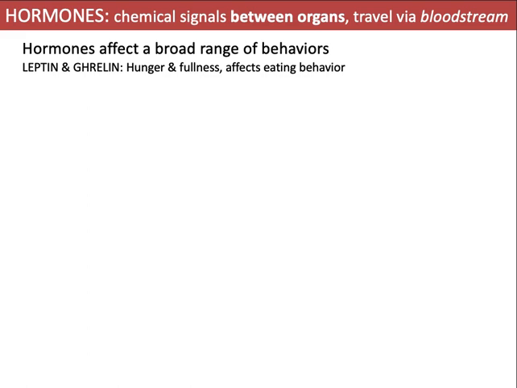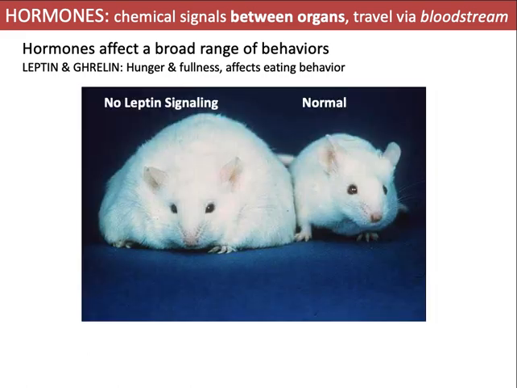The hormone leptin is the, quote, full hormone, and its release makes you feel full. Researchers have done studies looking at these hormones in mice. In knockout mice without leptin receptors, they can never feel full, simply because the leptin signaling doesn't work.